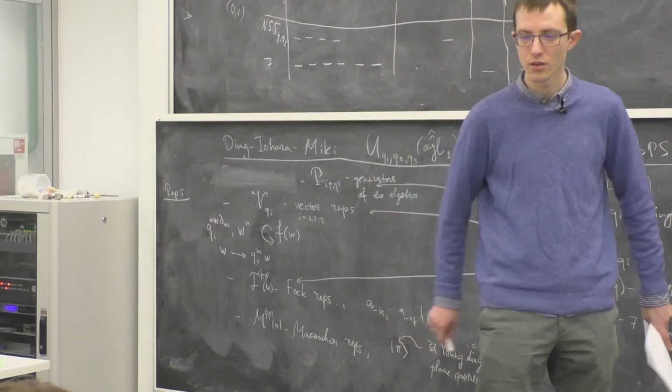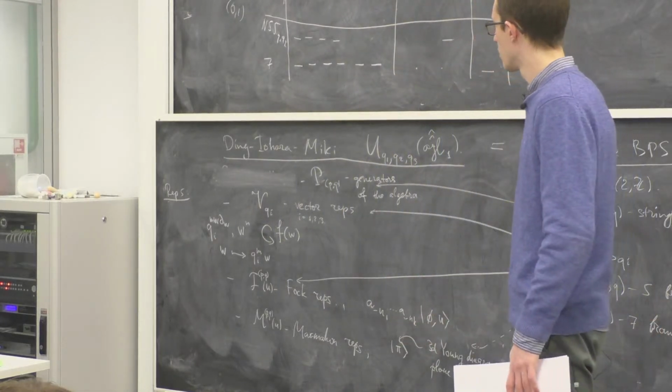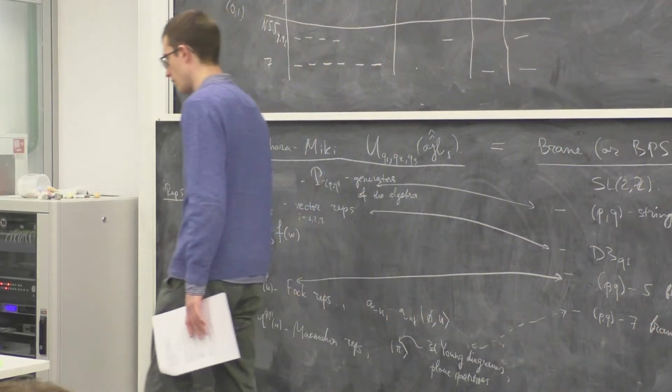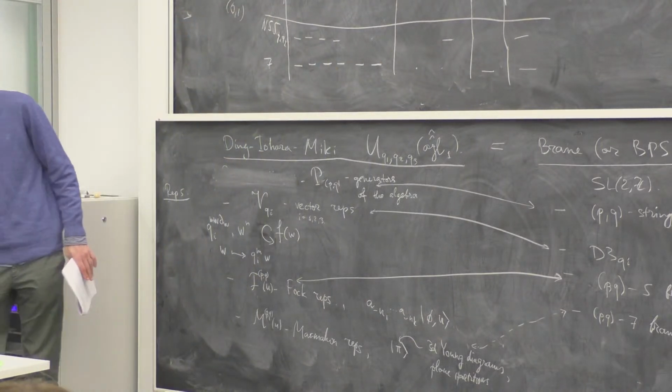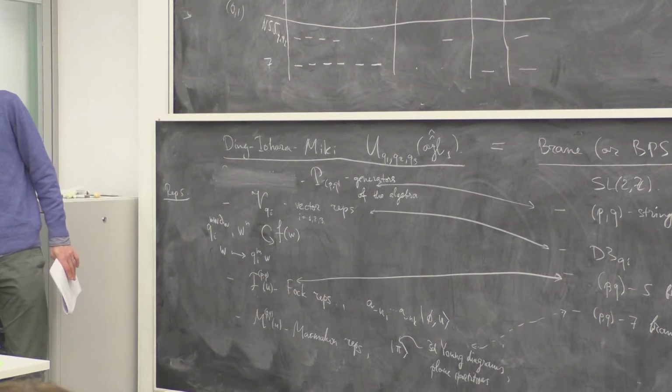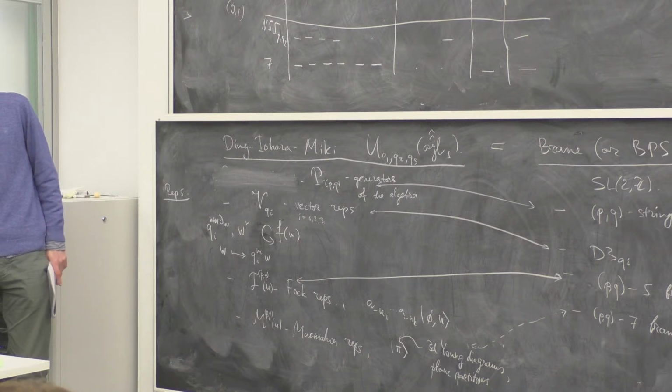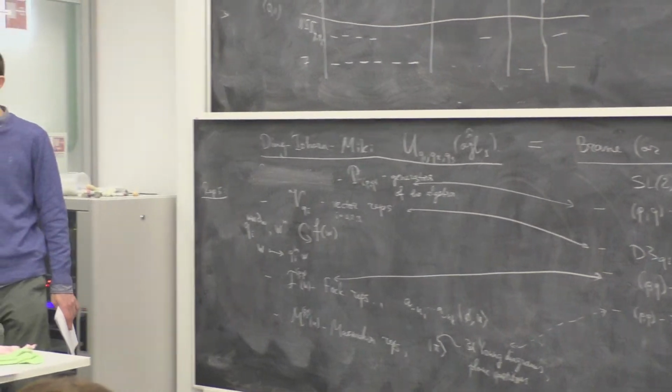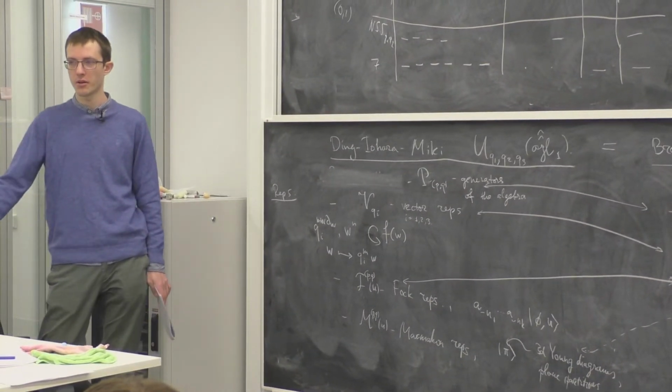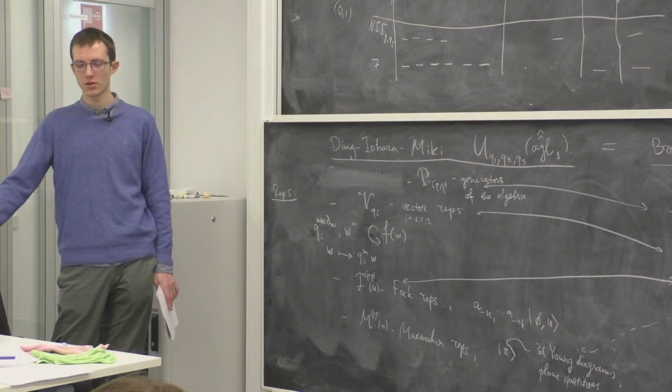Egor, also about this introduction, is there any statement that all representations of this algebra correspond to some branes? If not, how are these representations distinguished on the algebraic side? I wouldn't claim this.